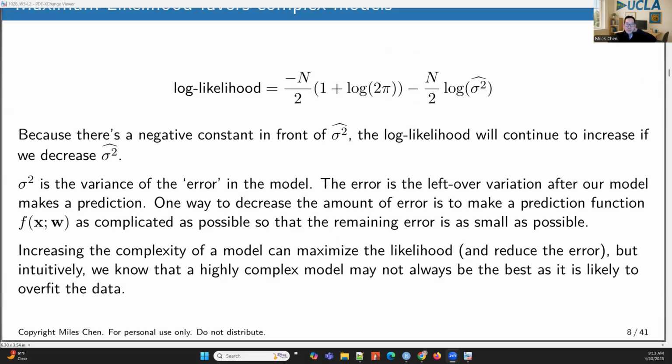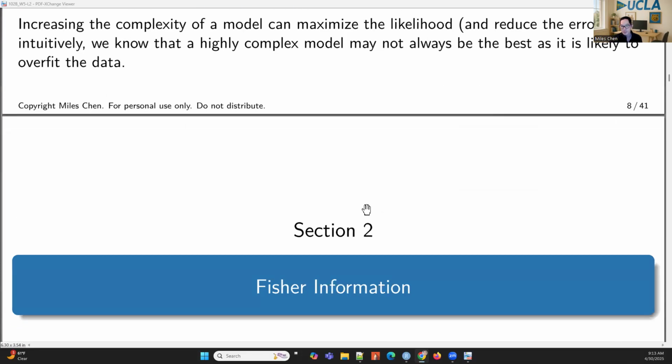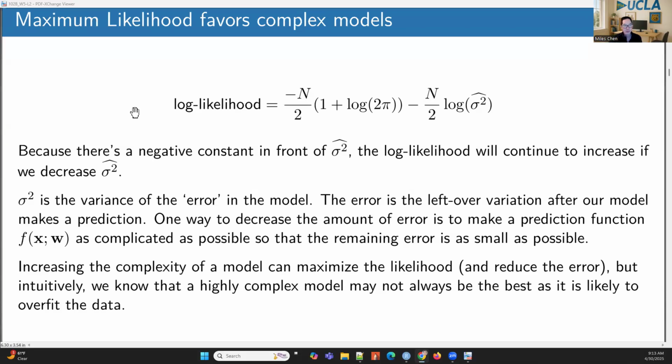Okay. But we know that making your model as complicated as possible just to maximize the likelihood is not a good idea, just because that's going to overfit your data. Okay. All right. So that's what we have here regarding our maximum likelihood estimation for our variance term.